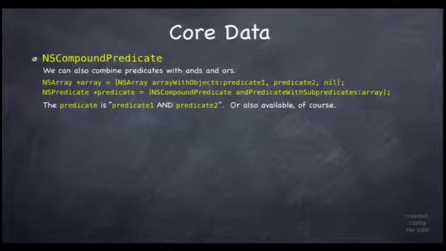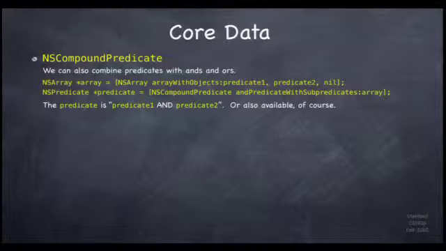You can also build compound predicates. So I might want to have predicates that the date is greater than this and the name starts with the letter A or something like that. And you can build those kind of compound predicates using these and or predicates. So you can see here I have two predicates, predicate 1 and predicate 2. I put them in an array, and then I create an NSCompoundPredicate.